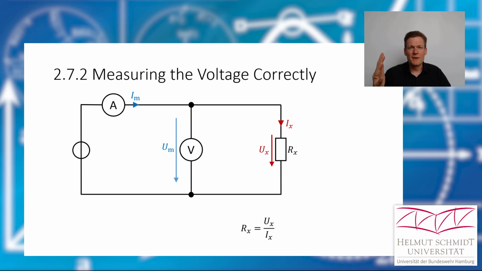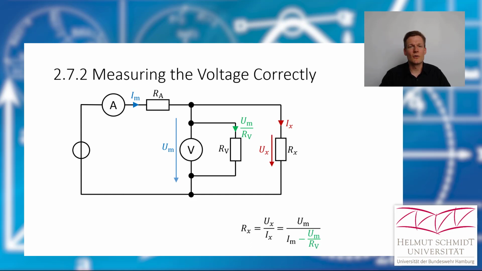You already see it would be the current through the resistor, but also through the voltmeter. If we add the inner resistors of our measurement devices, you see we have an additional current here. We can calculate it with Ohm's law: it's the measured voltage divided by the internal resistance of the voltmeter. That means for our equation for calculating Rx that we have to use Kirchhoff's current law to calculate the correct value of Ix. And then the equation looks like this.